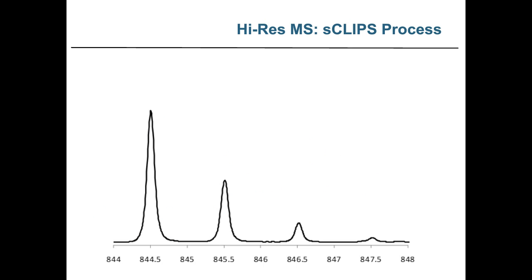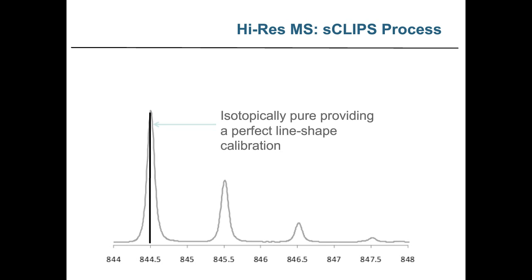And in high resolution mass spec, the interesting thing here is we can actually perform our calibration without measuring an external calibration standard. The reason for this is that in high resolution MS, we have a well-resolved monoisotopic peak. And of course, by definition, that peak is isotopically pure.